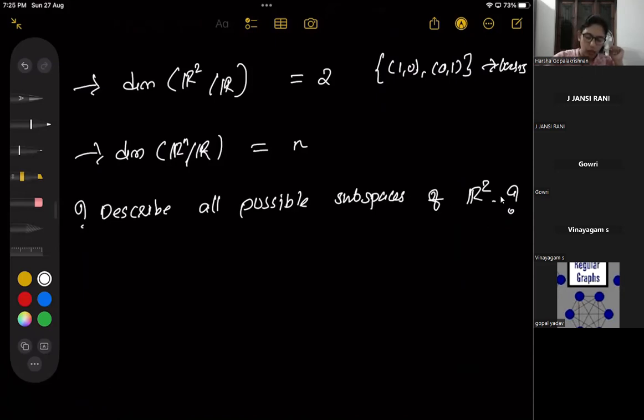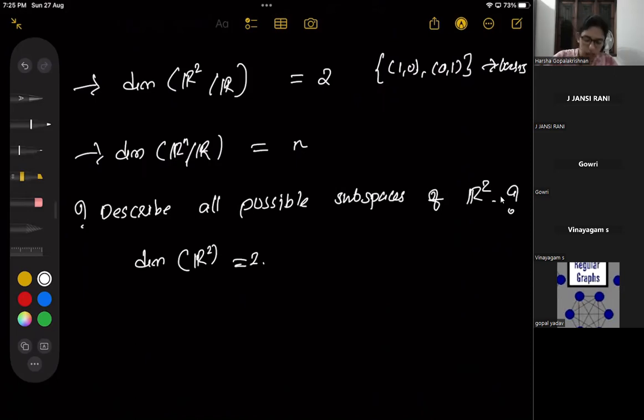We already know the dimension of R2 is 2.